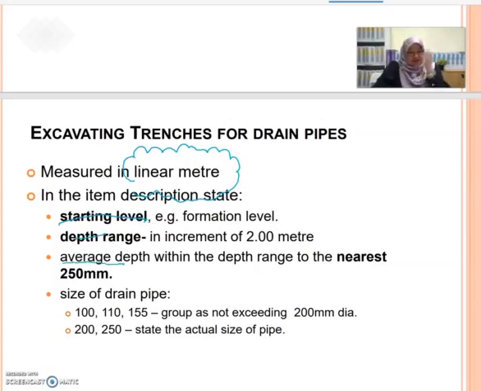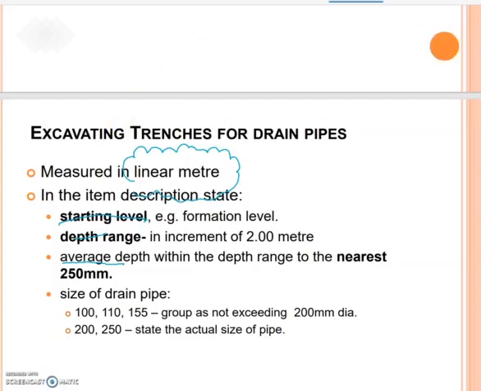Okay, what's the difference between depth range and average depth is that, so for the size of drain, you can look at section V.2.3. It says that trenches to receive pipes not exceeding 200 mm nominal size may be grouped together.